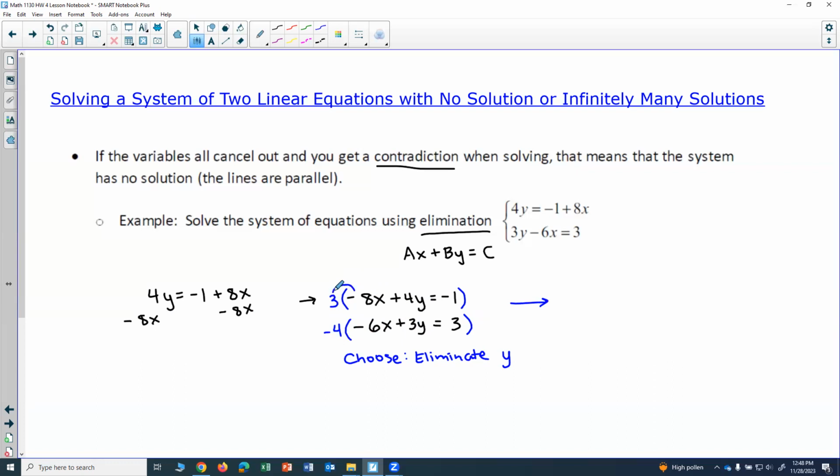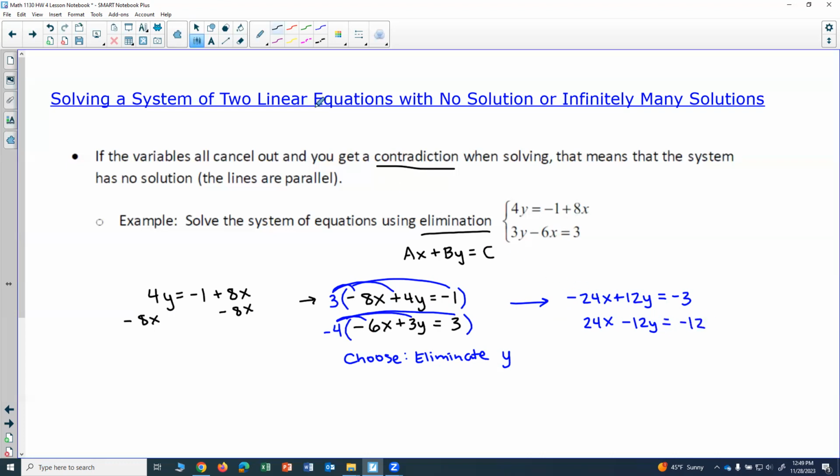So every term gets multiplied by the number that you're multiplying the equation by. So the first equation becomes -24x plus 12y equals -3. And the second equation becomes +24x because I'm multiplying everything by -4. So +24x minus 12y equals -4 times 3, so equals -12.